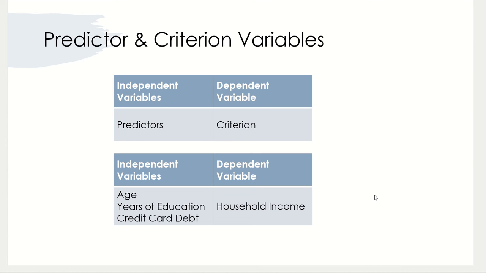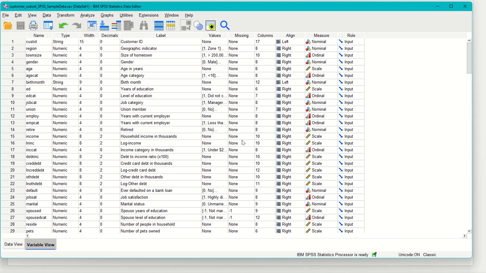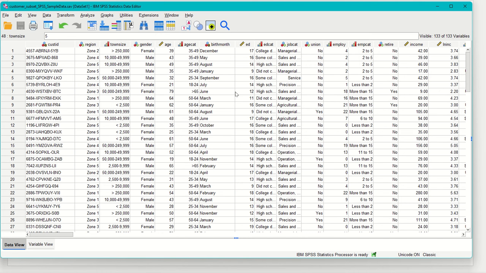And so for our analysis, we're going to include age, years of education, and credit card debt as our predictor variables on household income, which will be our dependent variable. Okay, so we have a pretty large data set with lots of variables included.